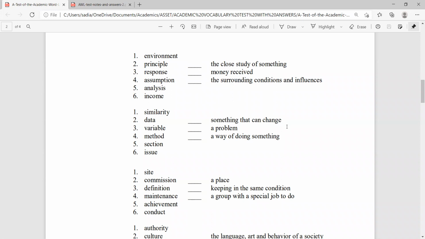Now the rest of the questions, I'm not reading it aloud. I request you to proceed slowly and write and respond to the questions in your notebook.